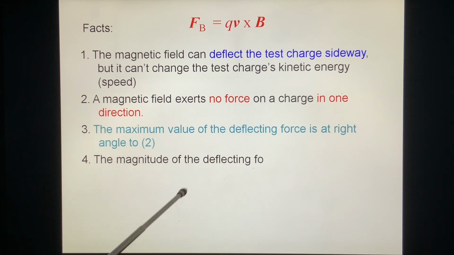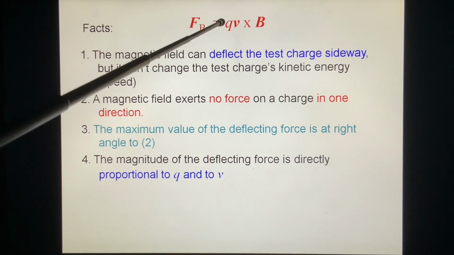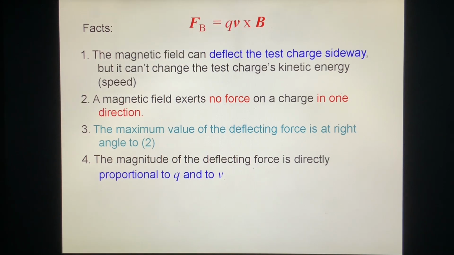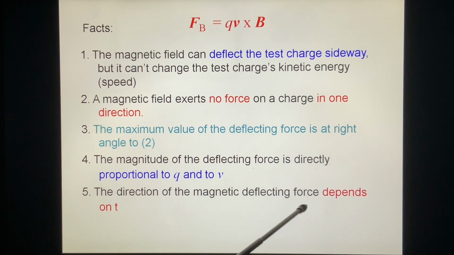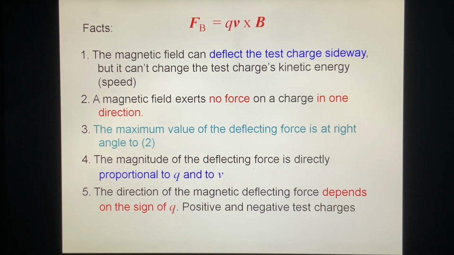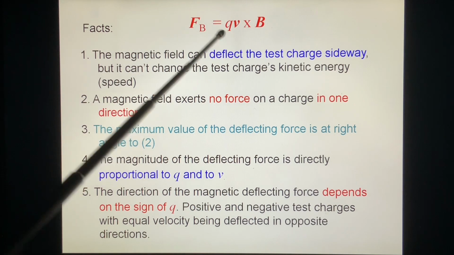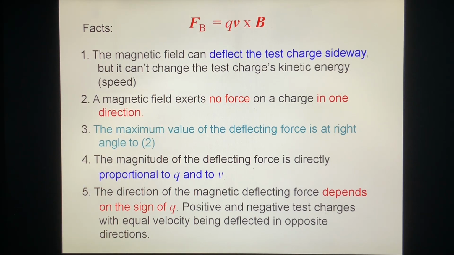The magnitude of the deflecting force F is directly proportional to Q and to V. Fact 5. The direction of the magnetic deflecting force depends on the sign of Q. Positive and negative test charges with equal velocity are deflected in opposite directions. You see how powerful this equation is?